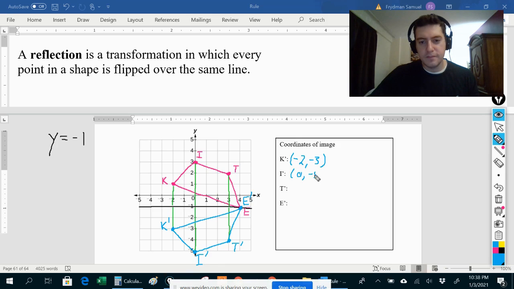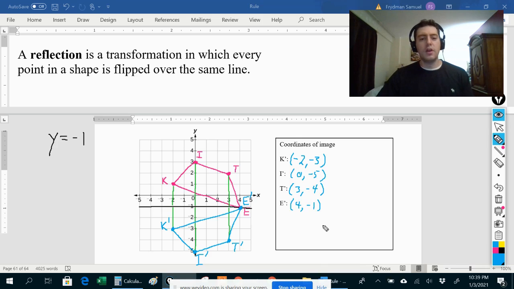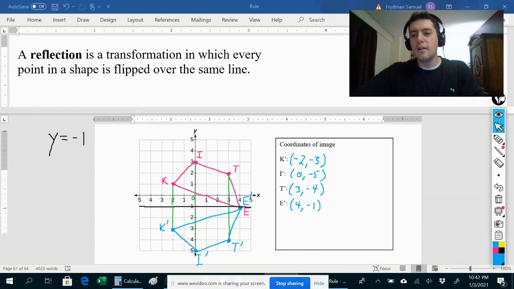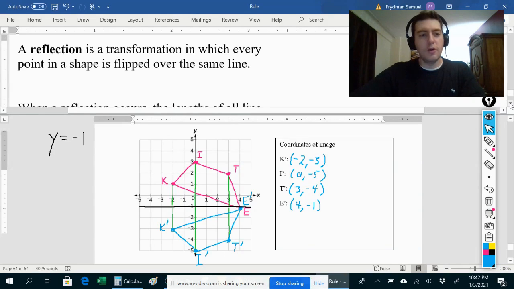T prime was at 3, -4. Remember, we always do the x-coordinate first and then the y-coordinate. So the x-coordinate is 3 and the y-coordinate is -4. And E prime is at 4, -1. Okay, so that's that.